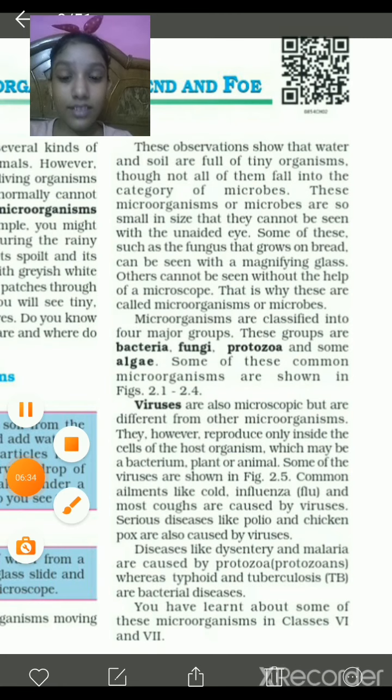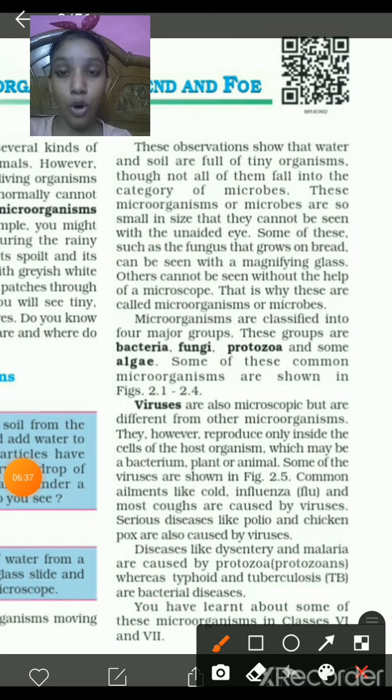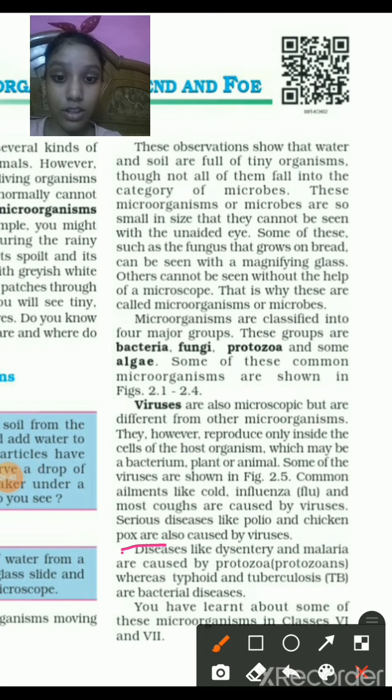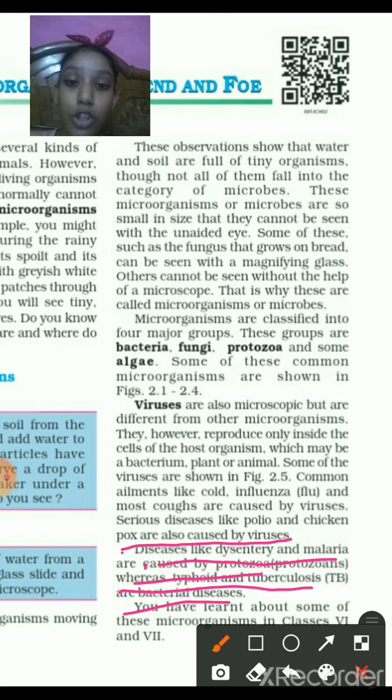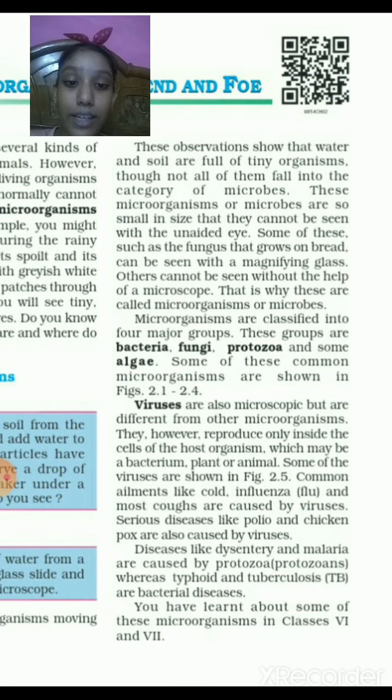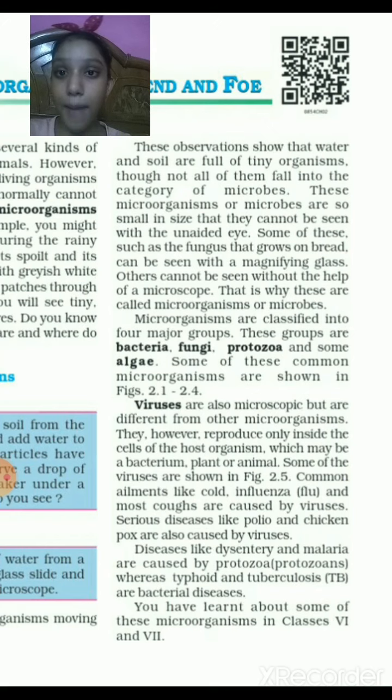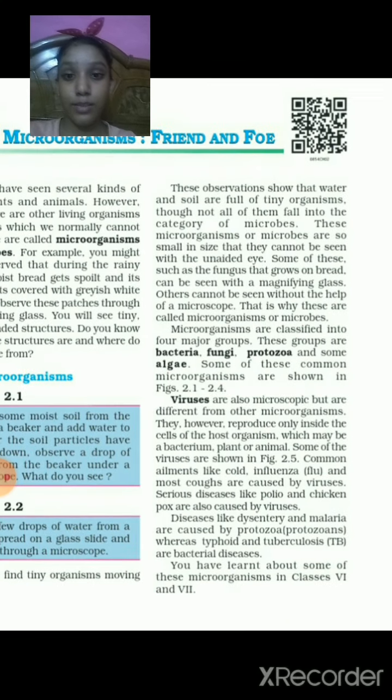Even serious diseases like polio and chicken pox are caused by viruses. Diseases like dysentery and malaria are caused by protozoa, whereas typhoid and tuberculosis are bacterial diseases. You have learned about some of these microorganisms in classes 6 and 7. So let's move on to the next page.